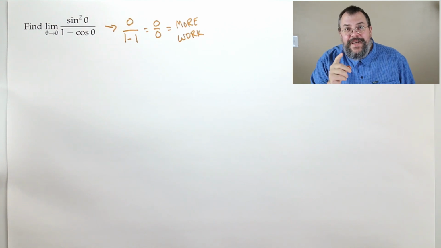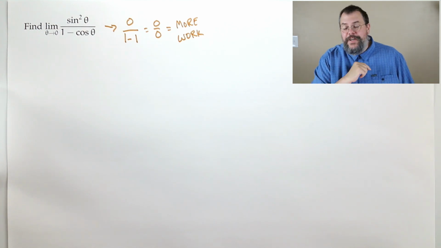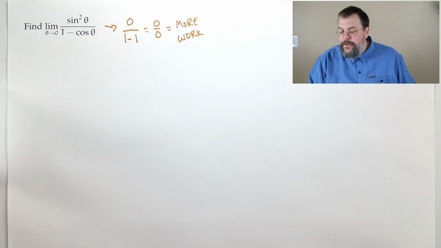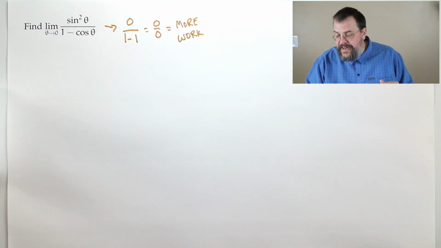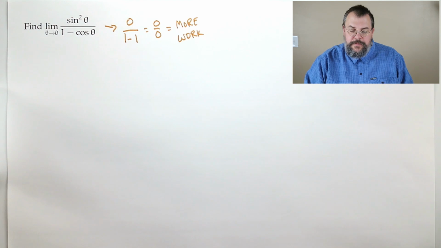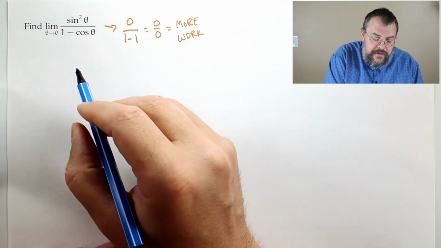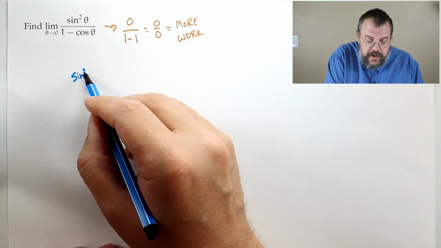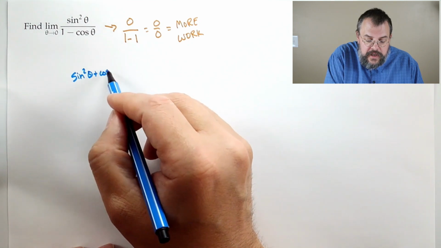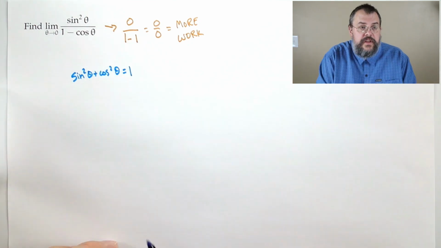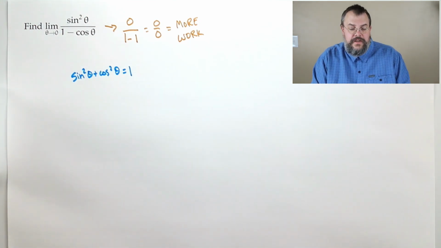Maybe there's an identity that can help us here. The classic go-to identity that we will encounter with trig is sine squared plus cosine squared equals 1. We're going to see that over and over again.